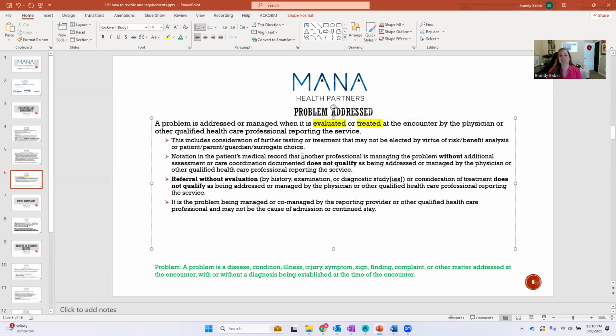Anything that another professional is managing without our assessment or without our help, we're not taking credit for that. We're not allowed to. You can address it, but just know that we don't get to take accountability for that. Same thing as sending a patient to another physician without evaluation of it.